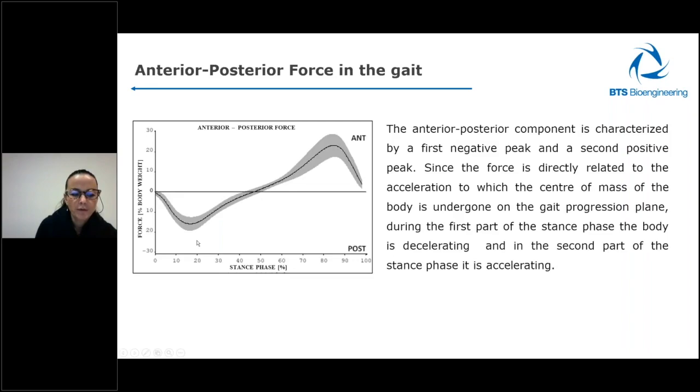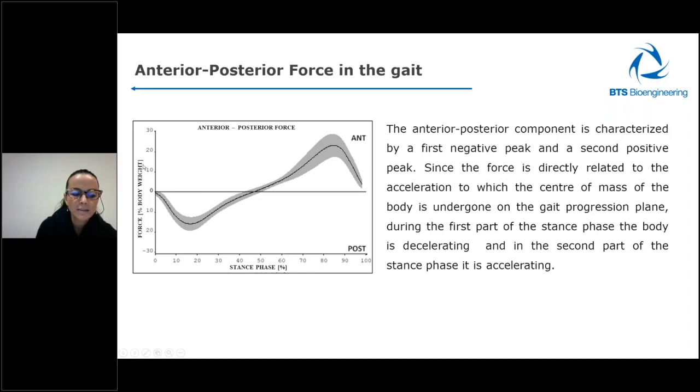In this graph, the pattern of the anterior-posterior force during the walk is shown. I would like to point out immediately that on the horizontal axis, you don't find the entire gait cycle as you are used to visualizing, but the 100% is the stance phase only.